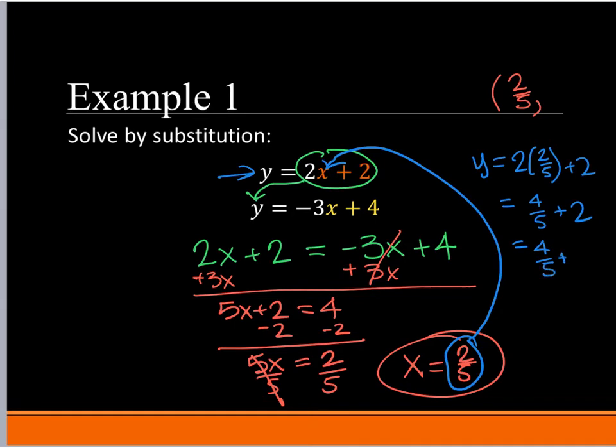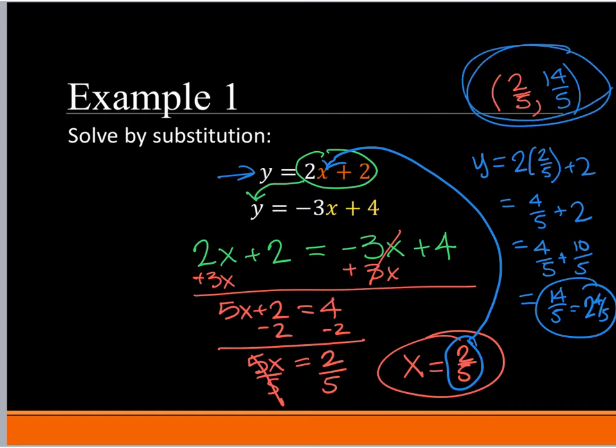So I have 4/5 plus, if I turn 2 into a fraction with a denominator of 5, that's really 10/5. And 4 plus 10 then is 14/5. Or I could say that would be 2 and 4/5. Either one I would accept. So I'm just going to write it as an improper fraction, but my y value then is equal to 14/5. This right here is my completed final solution.